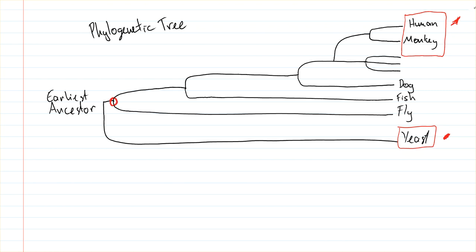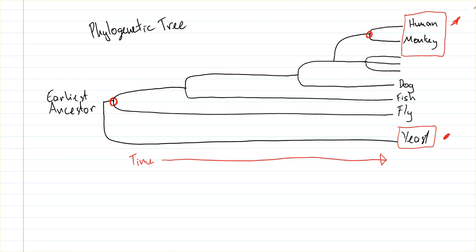If we compare that to humans and monkeys, this point here is where humans and monkeys were considered the same species. So what you can see in a phylogenetic tree is we have this concept of time which runs along with it as well.